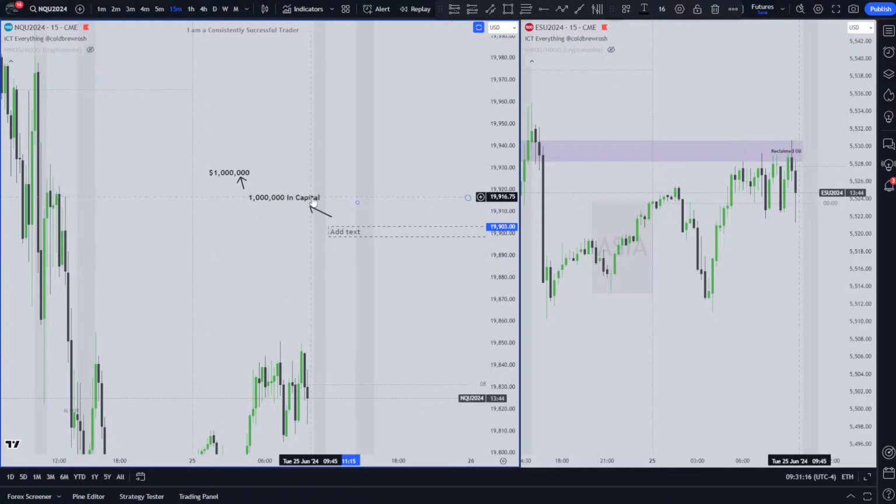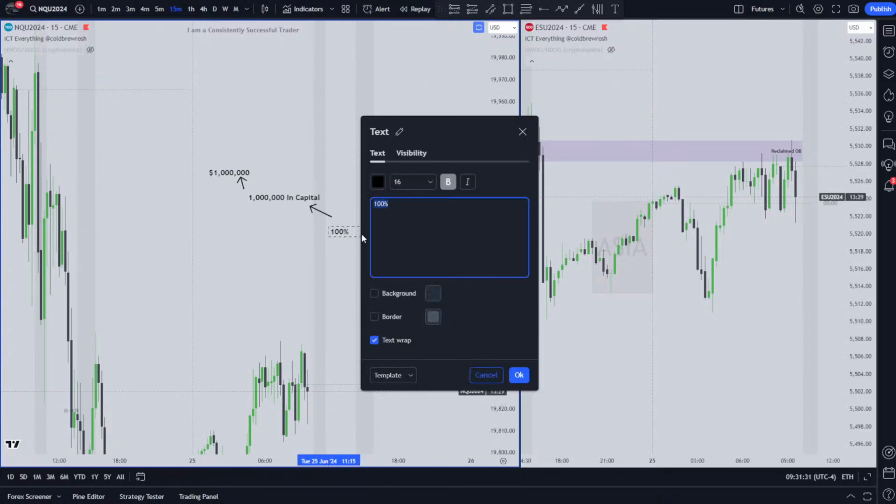Okay, so let's say now you've decided you need 1 million in capital. How much percentage return do you need on that? You need 100%, right? 100% return.